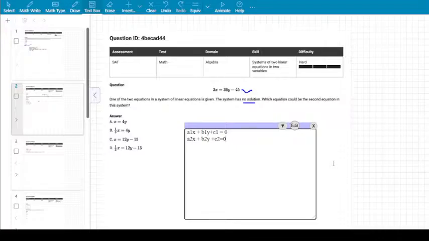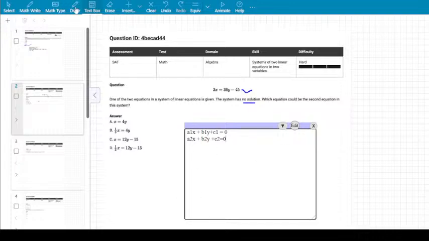Now the condition that is being given is that the system has no solution. If the system has no solution, that means these are two parallel lines in a plane, and they never meet. Instead, if the system had infinitely many solutions, then these two would be the same lines overlapping on each other.